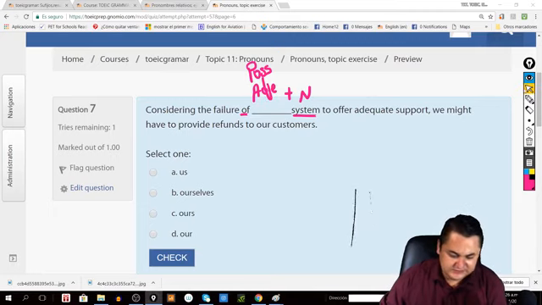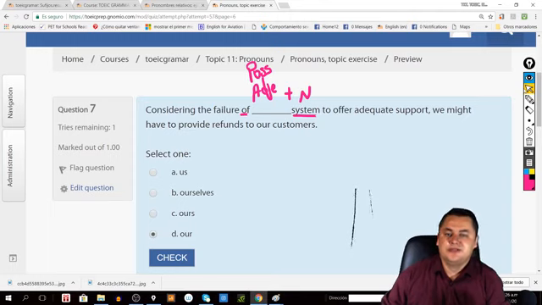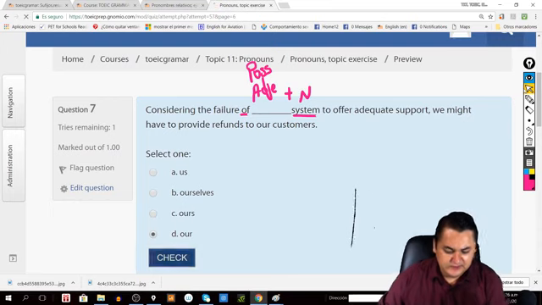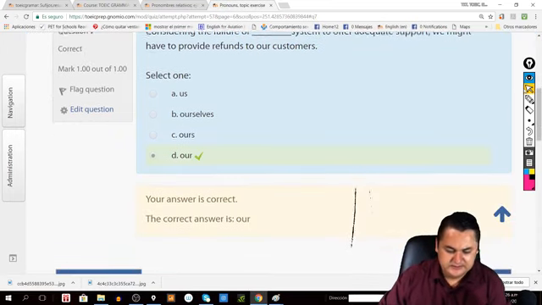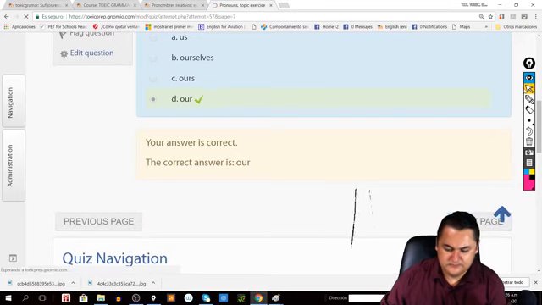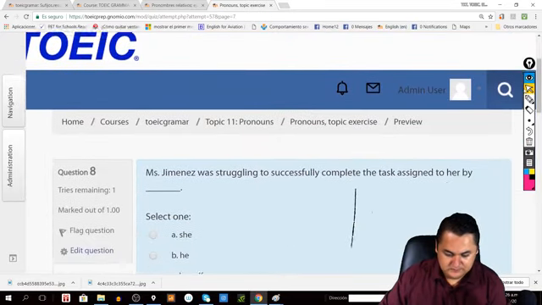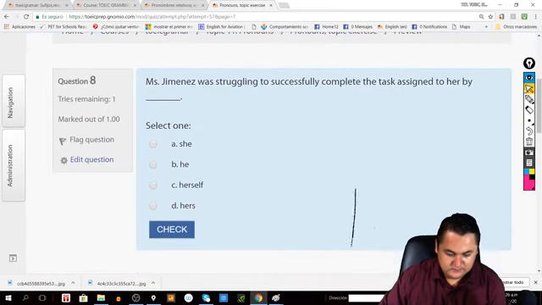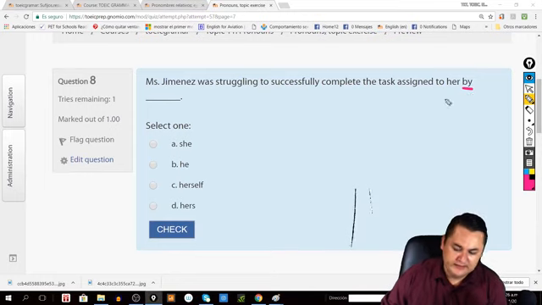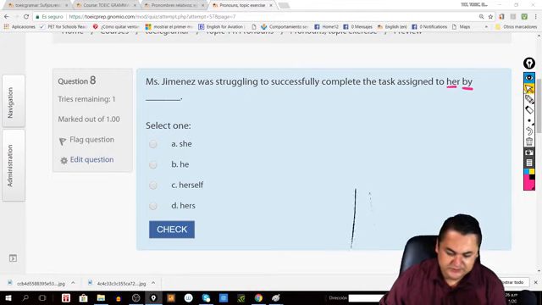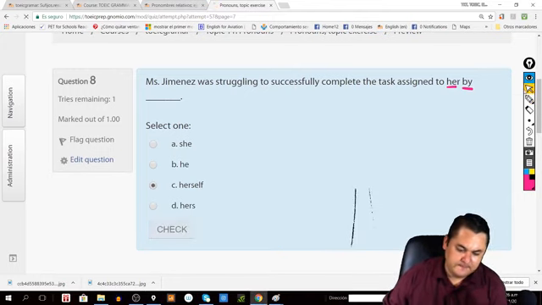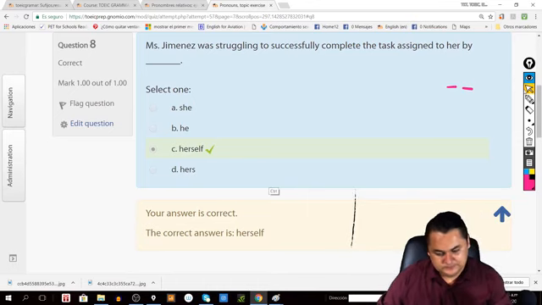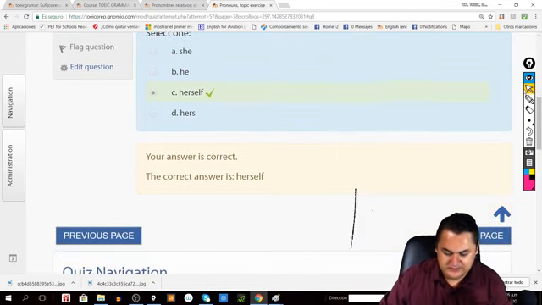The possessive adjective from the options is option D. Considering the failure of our system to offer adequate support, etc. In this exercise, we have the preposition by, so we need to know the person. It is a woman. It should be by herself. And we can continue.